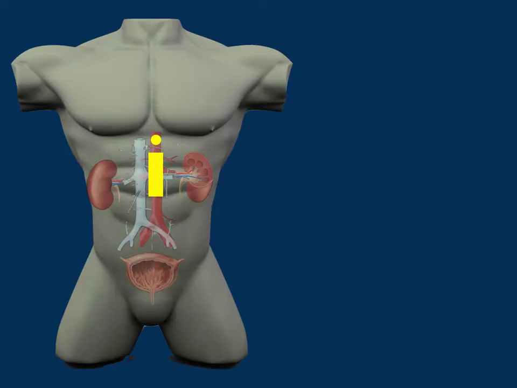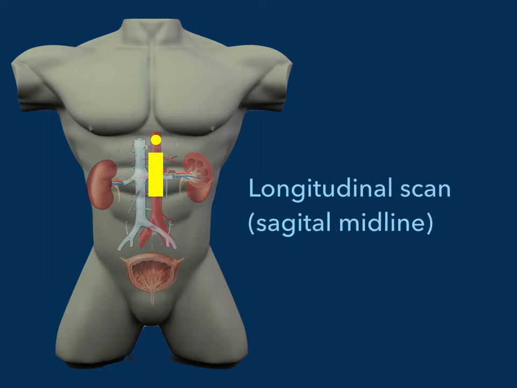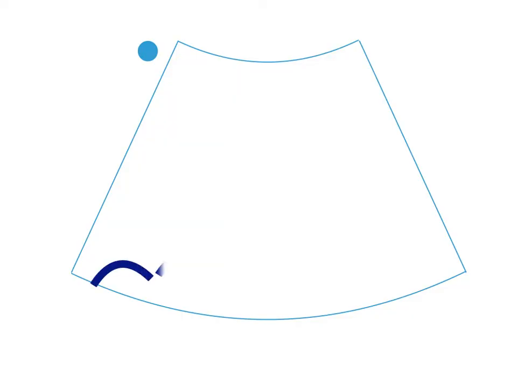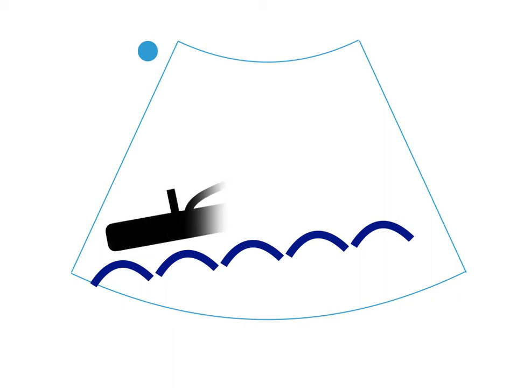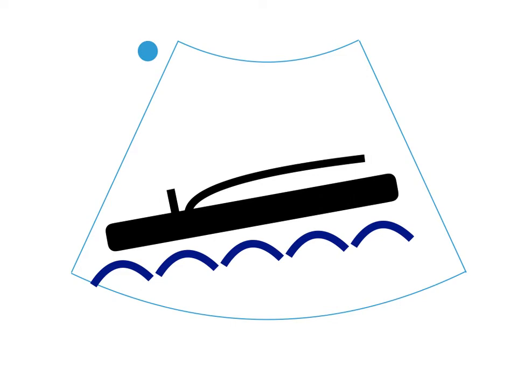If we turn our probe 90 degrees and move to a longitudinal scan, strictly sagittal midline, the scheme will be totally different. We will cut every single vertebral body joined as a spine, and a big tube with different branches coming out from the tube.